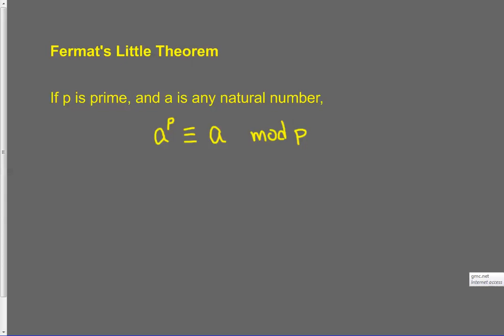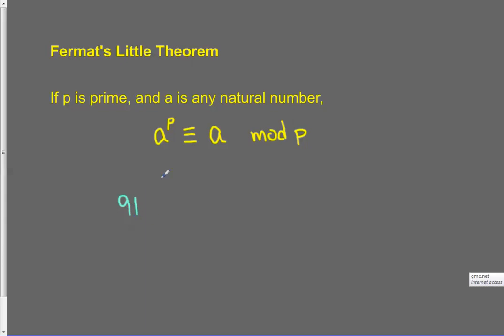And this is going to be a really useful tool to test whether a number is prime. In fact, you can already see what we're going to say. We're going to say, if we want to test whether a number is prime, for example, to take an easy case, suppose we want to test whether 91 is prime. Now, obviously, we can figure that out without any fancy test, but let's use Fermat's little theorem to determine if 91 is prime.